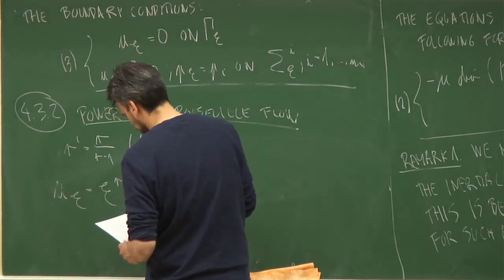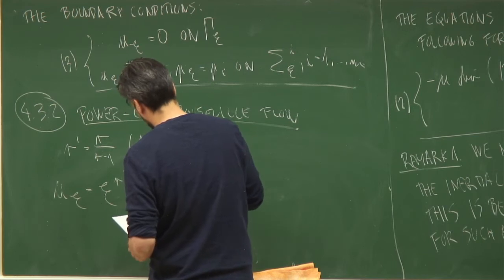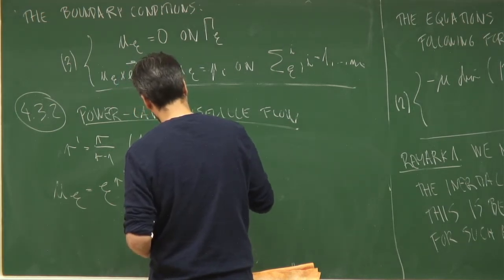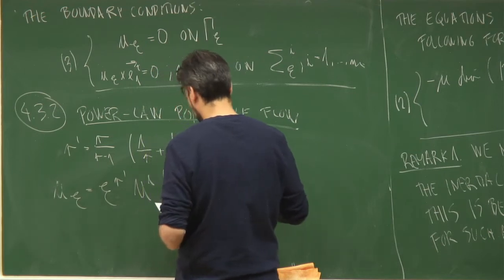So ER times UI x1I, x star I over epsilon.